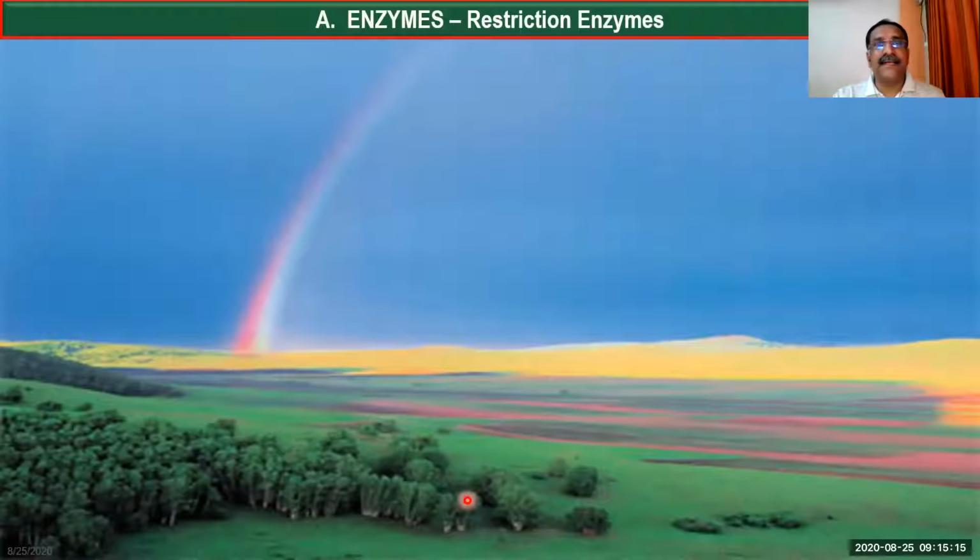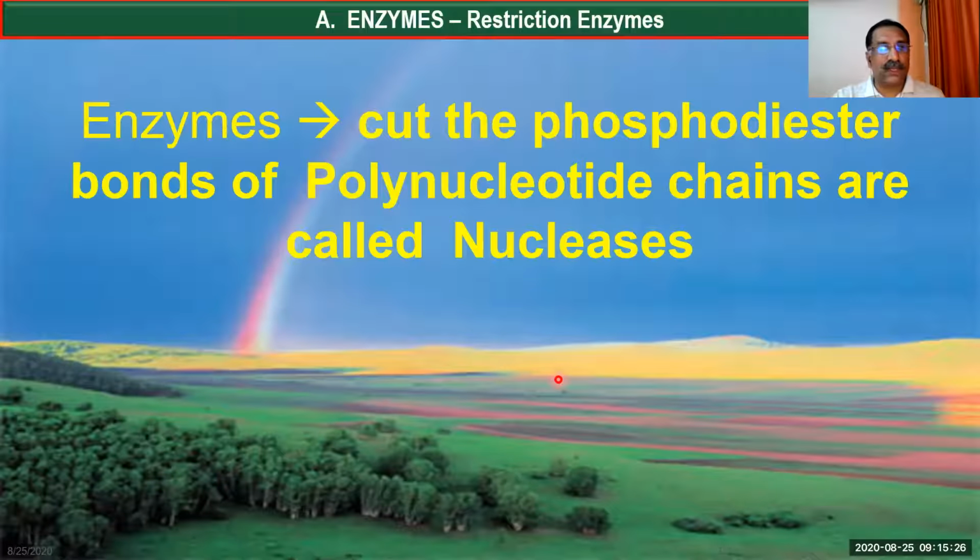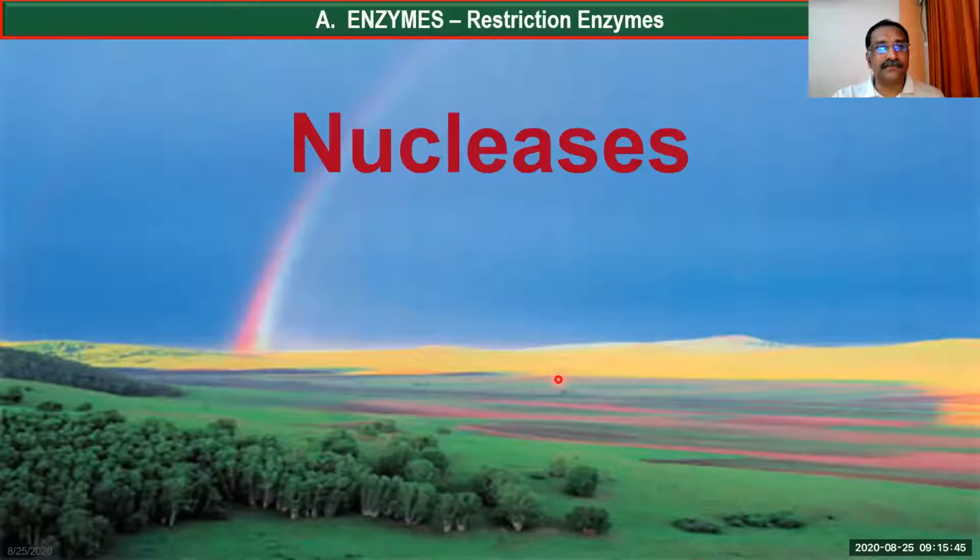Then we have seen that enzymes are basically used for cutting the DNA into fragments, and mostly we are talking about restriction enzymes. These enzymes are basically called nucleases, because nucleases are used to cut the phosphodiester bond between the nucleotides. And we have seen that there are two types.